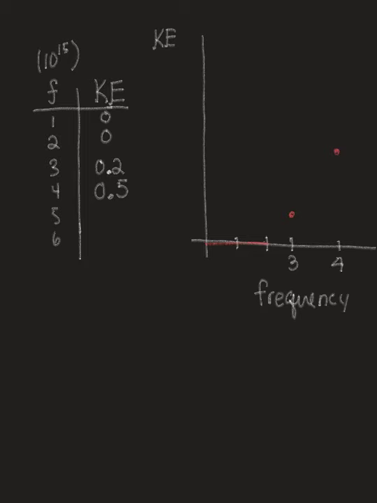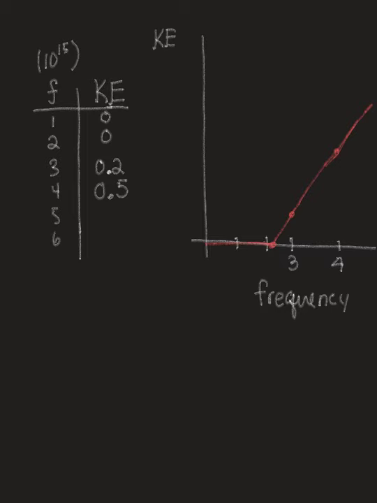But what I would want to do is graph this out, plot backwards, and wherever this line intercepts the x-axis is my cutoff frequency. My cutoff frequency is the minimum frequency you need in order to have any electrons come out.